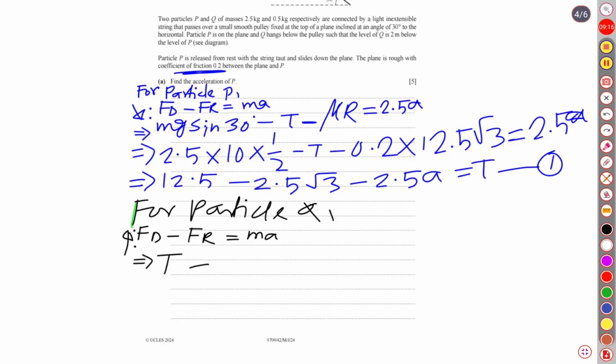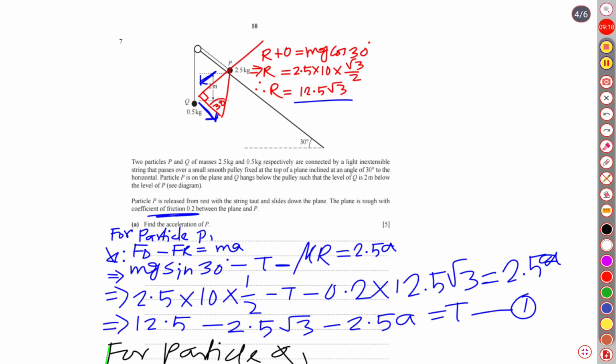What is causing resistance to the motion of Q is nothing but the weight of Q. It is trying to move it downward. Only weight is the resistance force for Q.